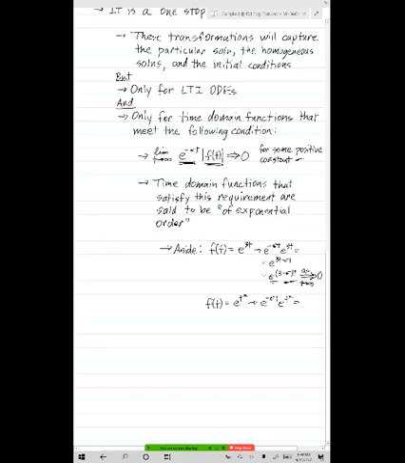Obviously, that's equal to e to the t squared minus sigma t, which is, of course, equal to e to the t minus sigma times t.